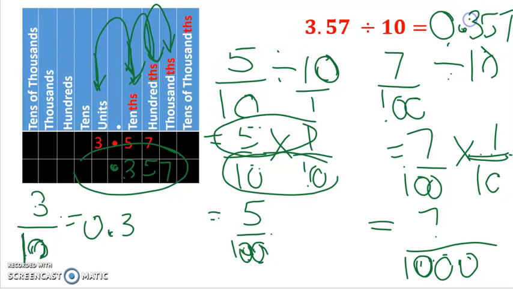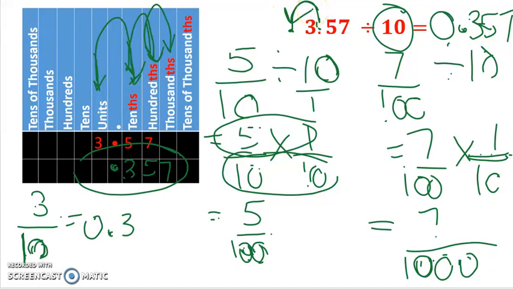So I want you to think about what happened with multiplication. With multiplication, we moved the decimal place to the right. It was one place because we looked at the number of zeros in 10. And this time around, we have 1 zero in 10. And the place value has moved one place over to the left. Turns out what's happening with division is my decimal place is moving one place over.